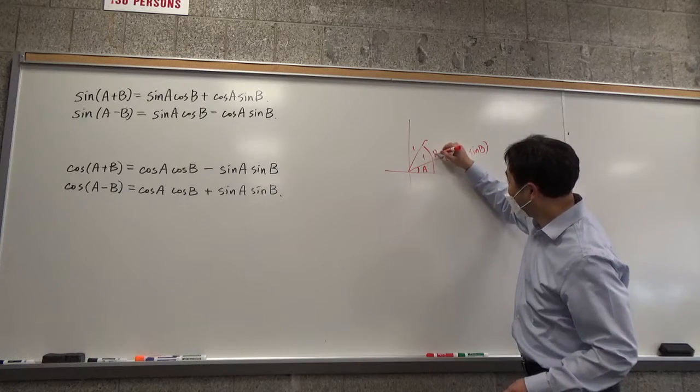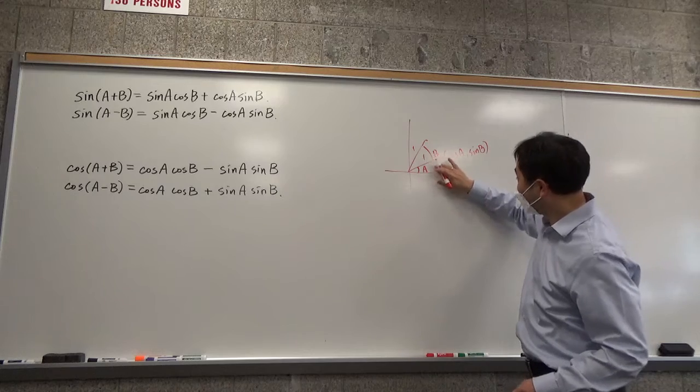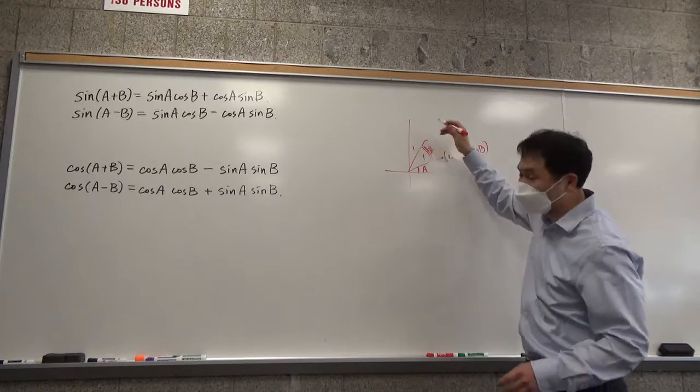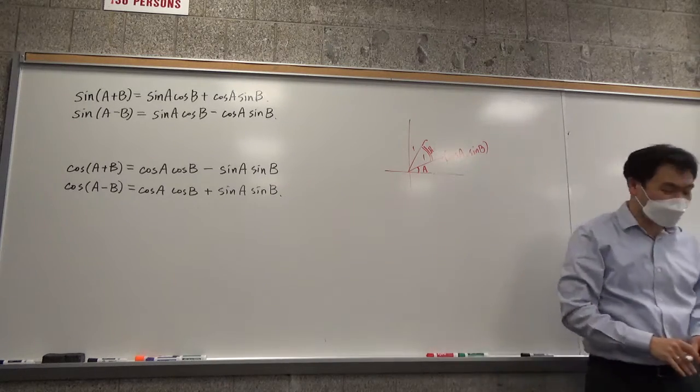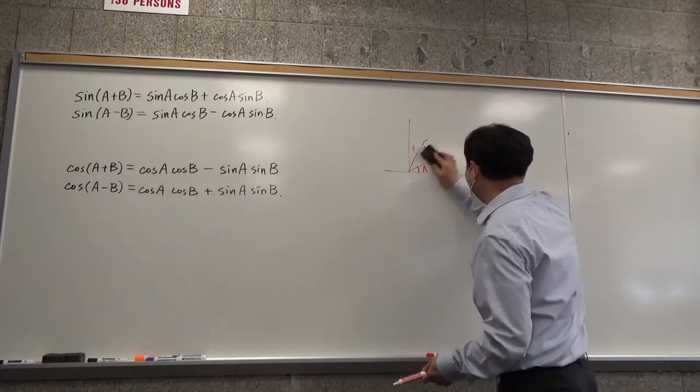Let's say this angle is B. And then you can use SOHCAHTOA and work with this. It's not so fun. You can verify that this is true, but it's not that fun.